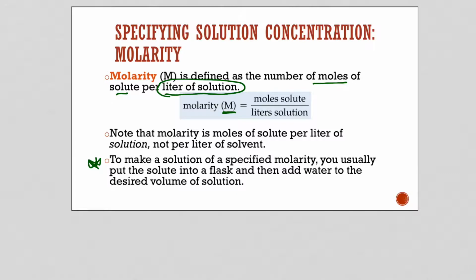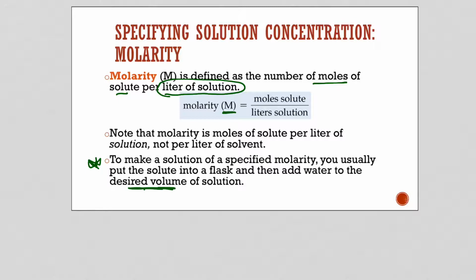And then to the flask, we're going to add the solvent, assuming water here, till we get to the desired volume. So notice our goal here is to get to a certain volume, not to add a certain amount of water. So we don't say that we add 1 liter of water or some volume of water.